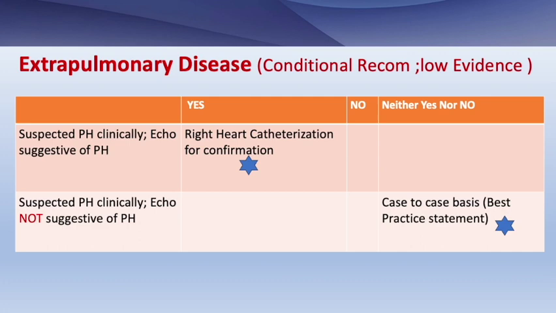The evidence is low, but it is an important factor, because if you are suspecting pulmonary hypertension, a right heart catheterization will help us determine what treatment is to be followed next.